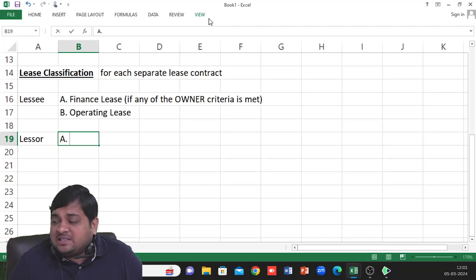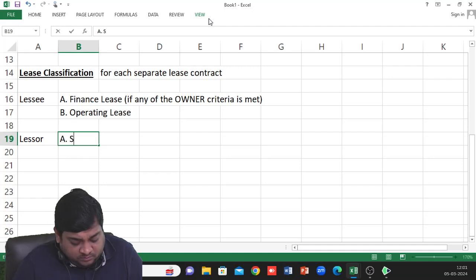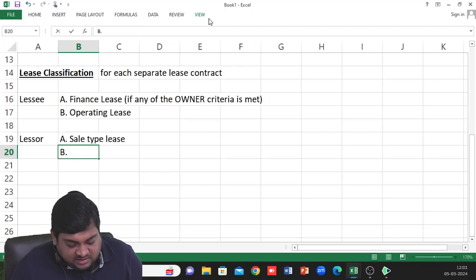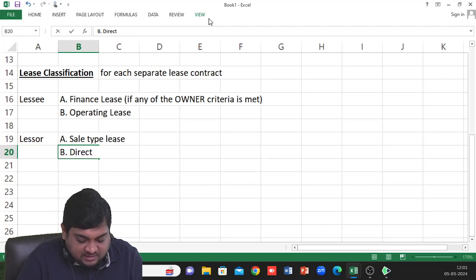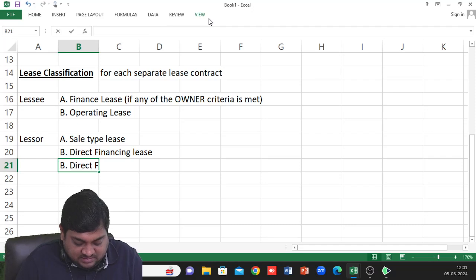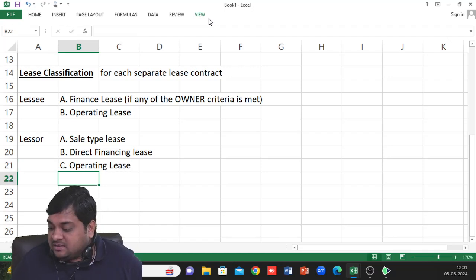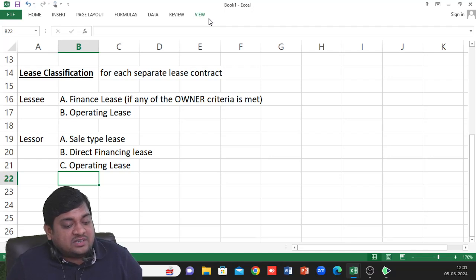There are three classifications for lessor: sales type lease, direct financing lease, and then operating lease.